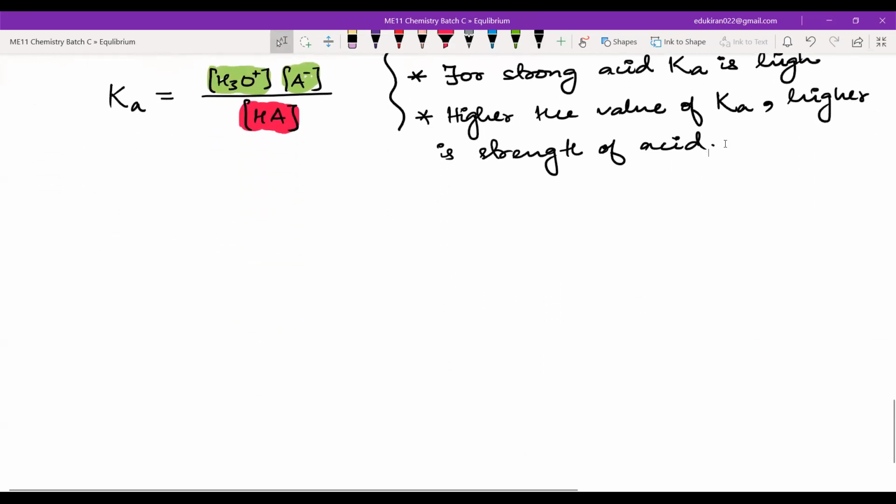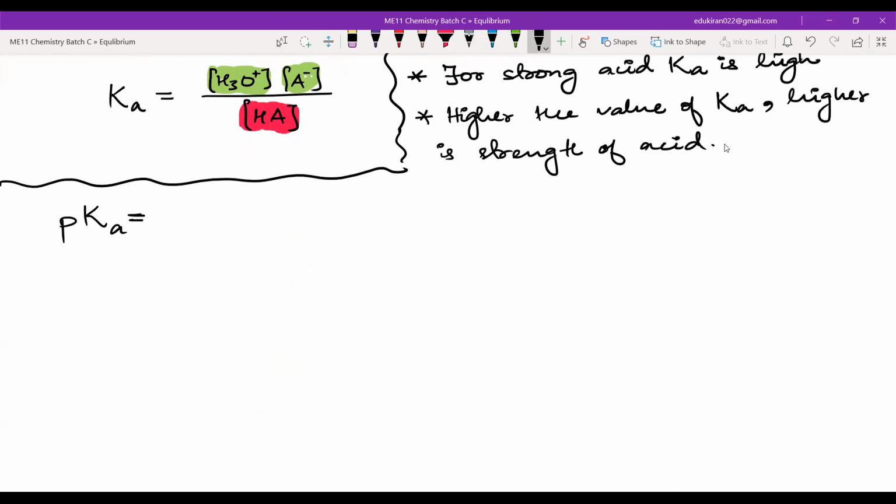Now, as we have Ka, there is one more term which is known as the pKa. And what is pKa? pKa is equal to minus log of Ka.